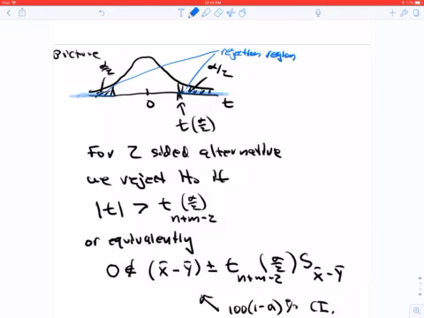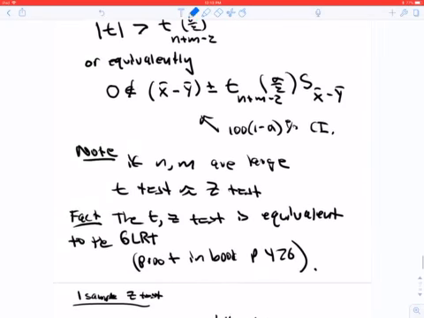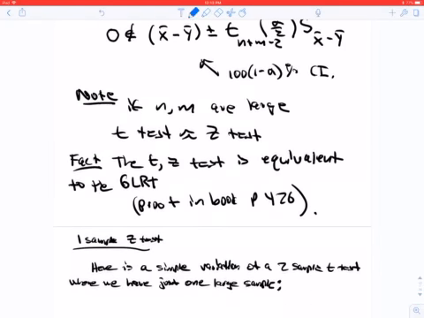So we reject when the absolute value of t is in the tails. Equivalently, you can think of this that your confidence interval does not include 0. And this follows from the duality of hypothesis testing and confidence intervals that we discussed last time.